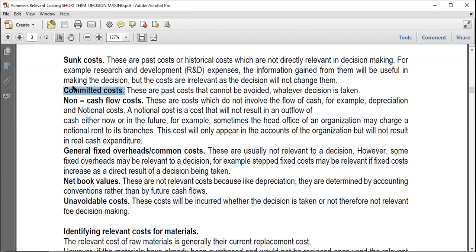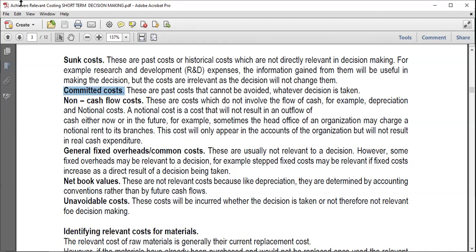So unavoidable costs can be past or recurrent costs. I'll give you an example: the cost of your fuel to work, if you drive. Even if you're switching from job A to job B, unless the other job gives you fuel, this will still be the same cost. You're still going to incur fuel. Even meals, you will still have meals at home. So unavoidable costs are not part of your decision, and they are considered irrelevant.